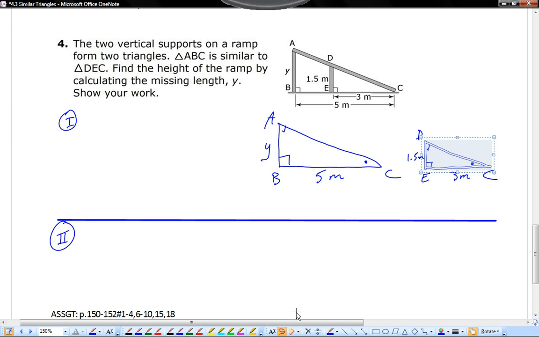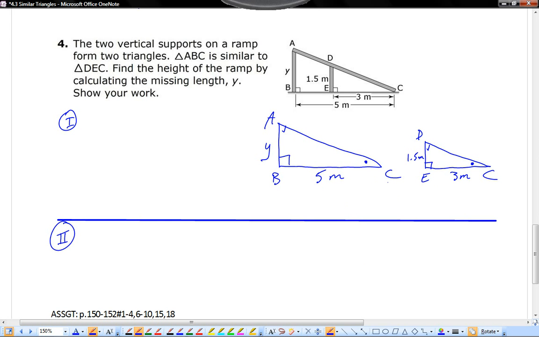And the reason I've done that is because here we have two vertical supports on a ramp that form two triangles. Triangle ABC is similar to triangle DEC, but they're overlapping and it can be confusing. So separate them out. It's a little bit easier to figure out your work. We want to find the height of the ramp by calculating the missing length y. And of course we want to show our work.